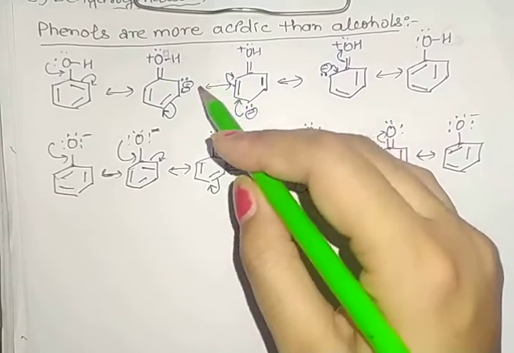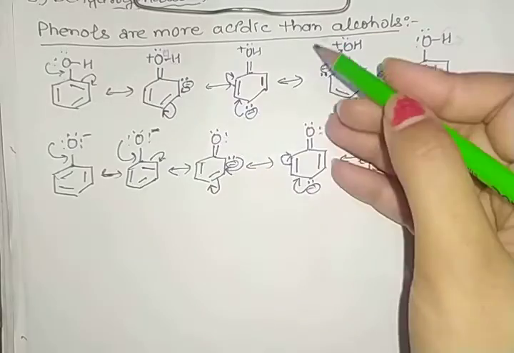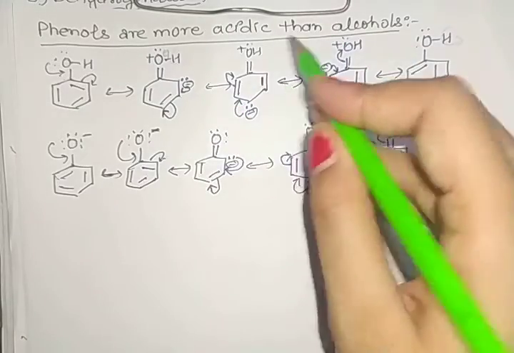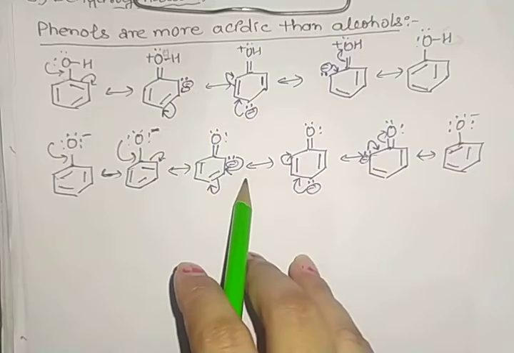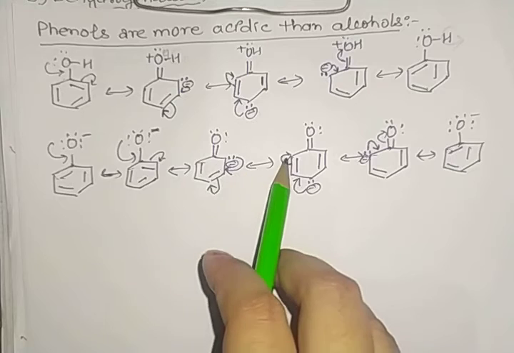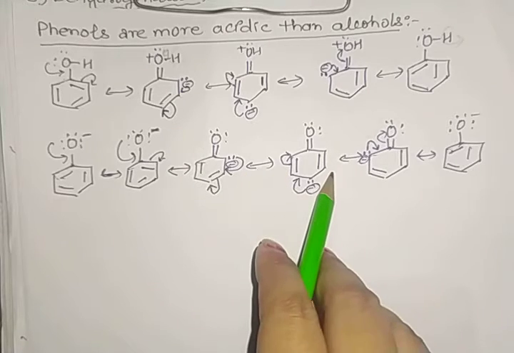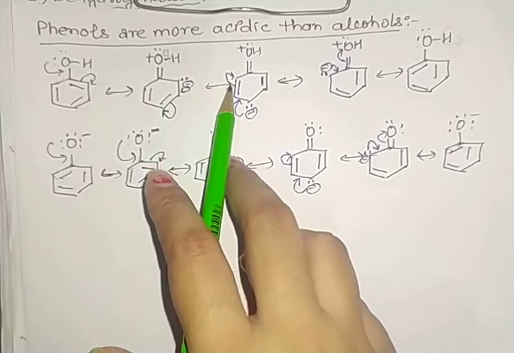We have to separate the positive and negative charges, which requires energy, so that is why it is unstable. But in the phenoxide ion, we have only one charge, so we don't need to separate charges. That is why it is more stable compared to phenol.